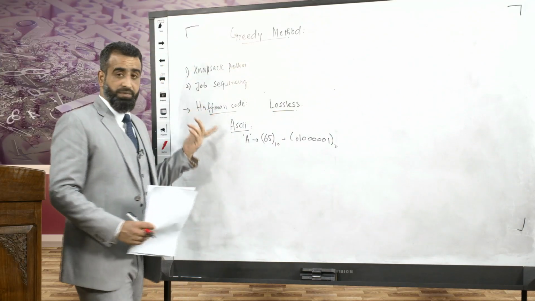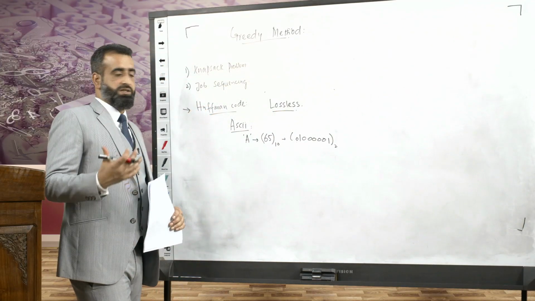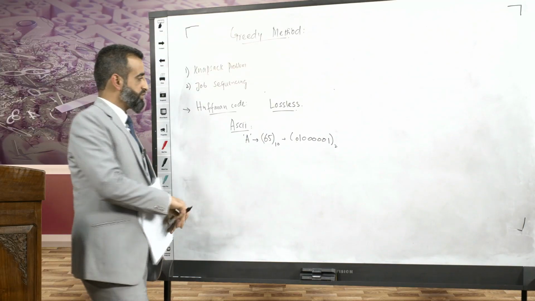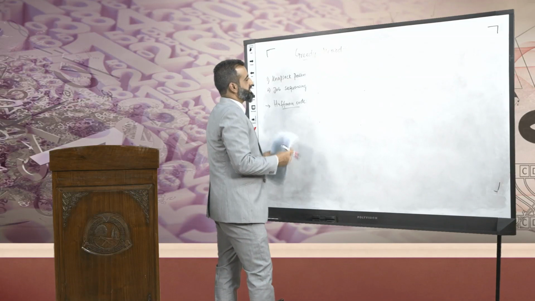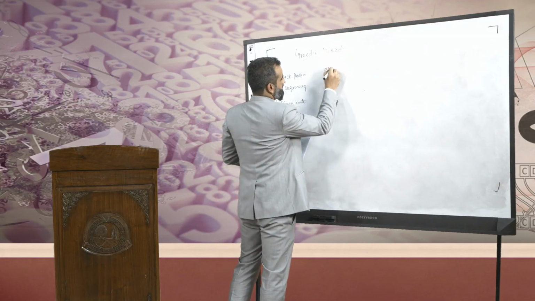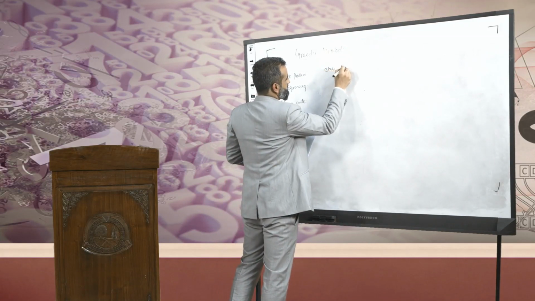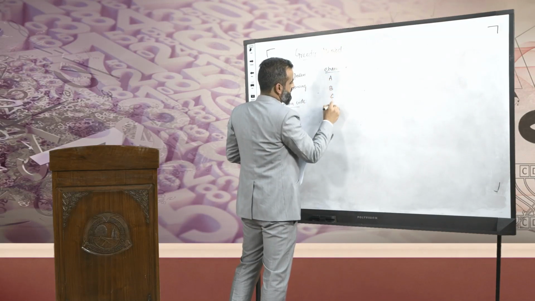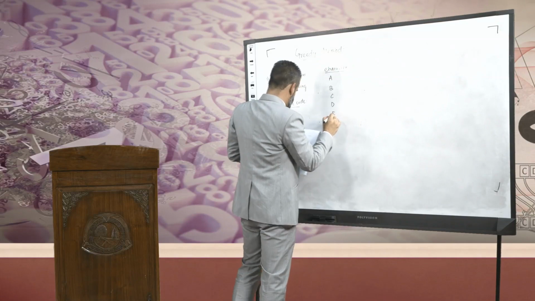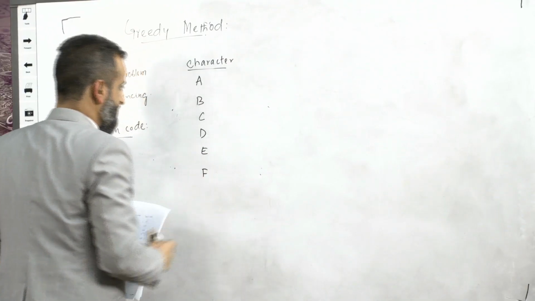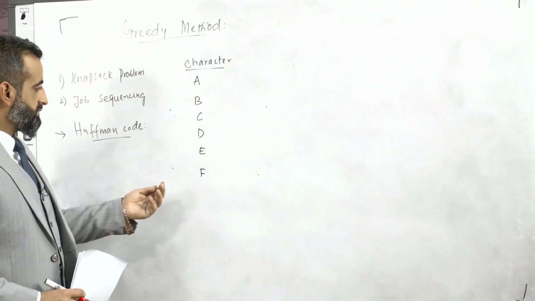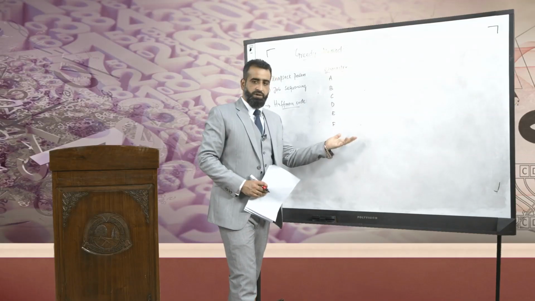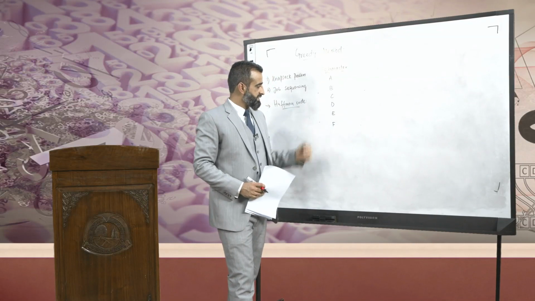Then we will apply the Huffman code and see the minimization of the number of bits being used. Let's assume these are the different characters in my message: character A, B, C, D, E, and F. What we just saw is that ASCII makes use of 8 bits to represent these characters.